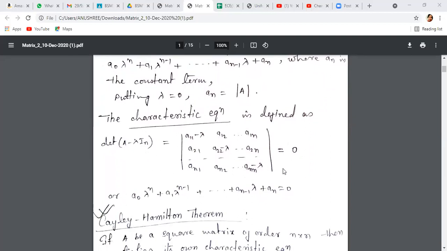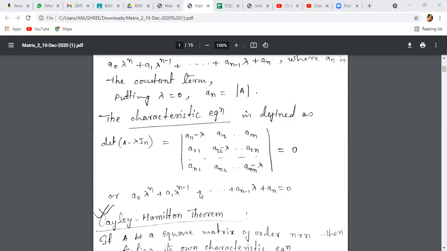Doing this expansion, we get an equation in powers of lambda equated to 0. Now what is the eigenvalue? The roots of this characteristic equation, that is, the solutions of this characteristic equation. The values of lambda that come out after solving it are the eigenvalues corresponding to a particular matrix.